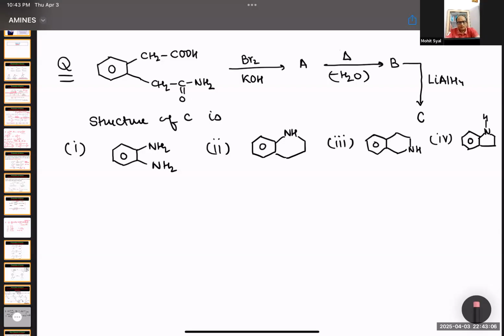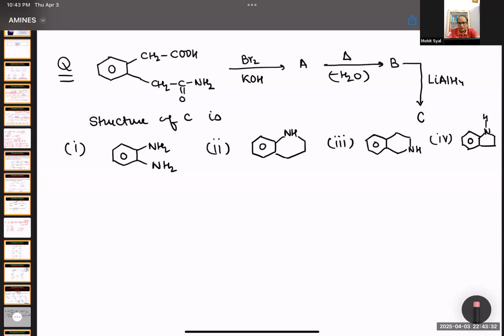So first we started with Hoffman degradation that led to the formation of A, as you can see here. Then you heated it, and what has happened has already been mentioned, minus H2O. Water being removed.